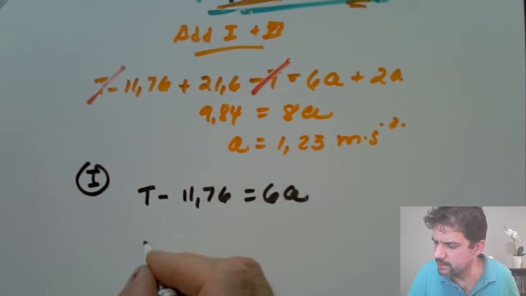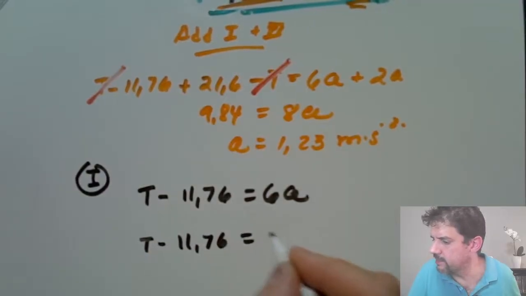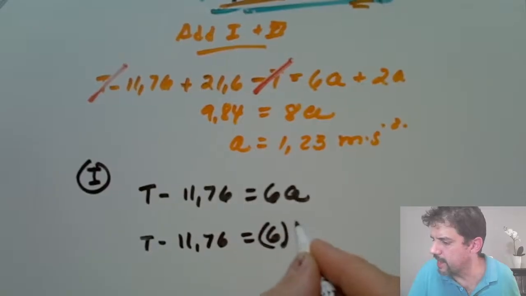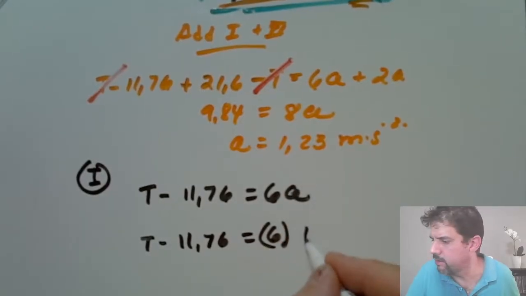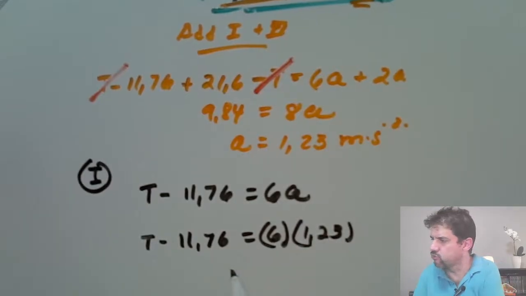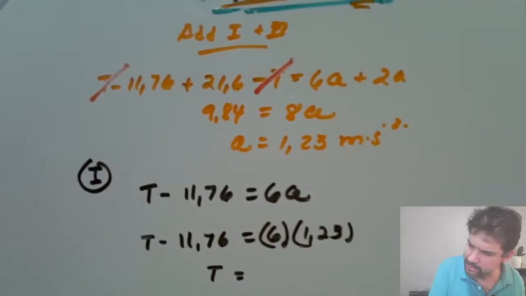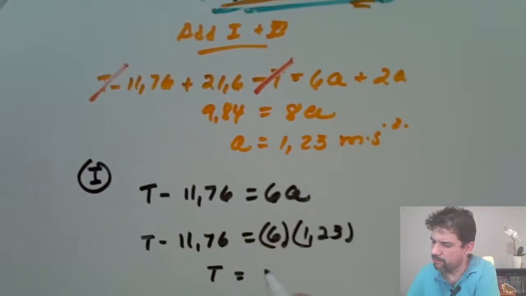So we have T minus 11,76 is equal to 6 times the acceleration, 1,23. And then you have to do this simple calculation. So let's calculate step by step, 6 times 1,23 is equal to 7,38.